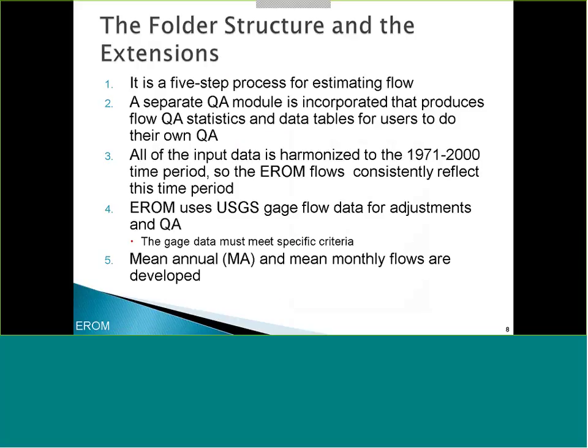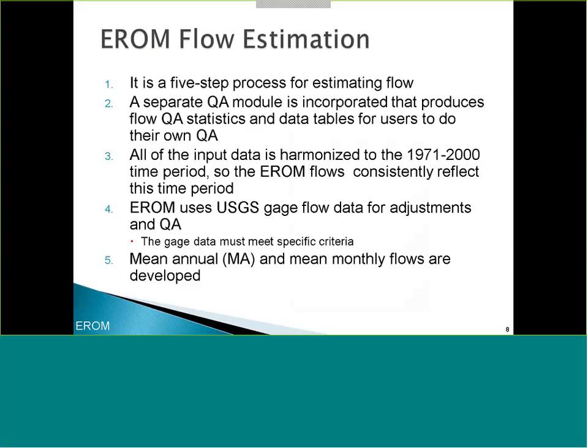Now, the EROM flow estimation, it's a five-step process, okay? And there is also a separate QA module that we've developed that's incorporated, and it produces flow QA statistics and data tables that can help users do their own QA.